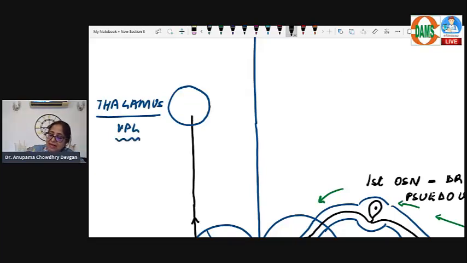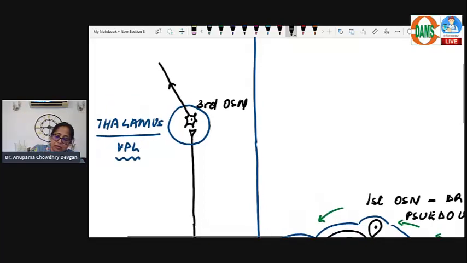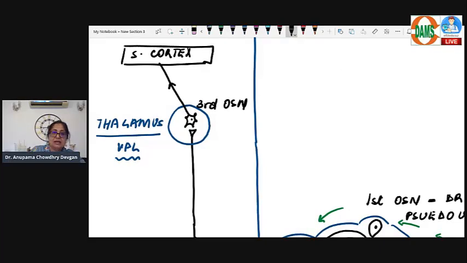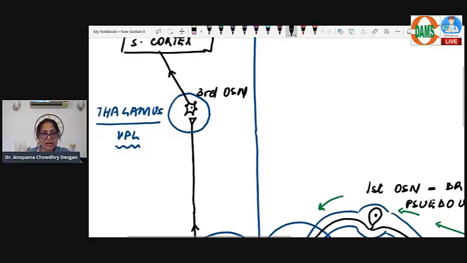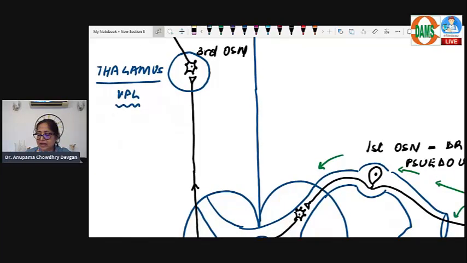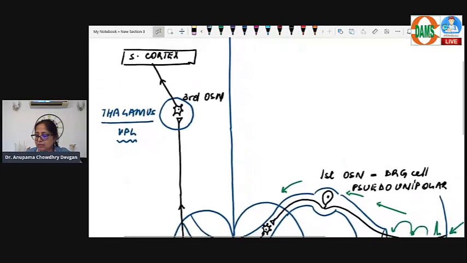So this is where you get the second synapse. From here arises the third order sensory neuron to go into the sensory cortex. Same sensory cortex, post-central gyrus, areas 3, 1, and 2, where you have a sensory homunculus.